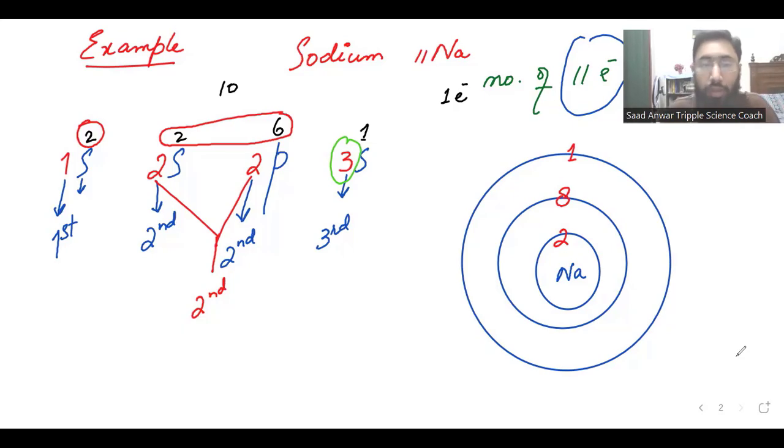Take one more example. This is the example of chlorine. In the periodic table, you see the atomic number of chlorine is 17.